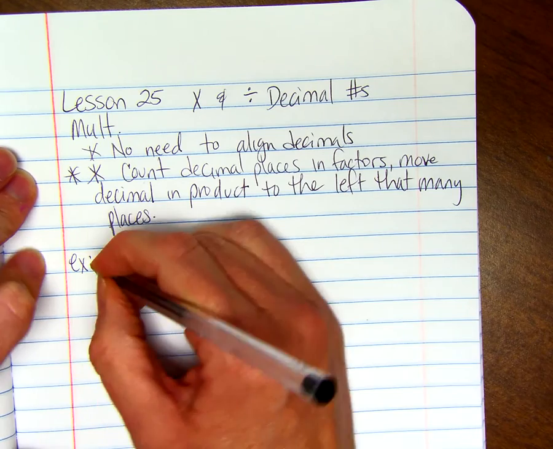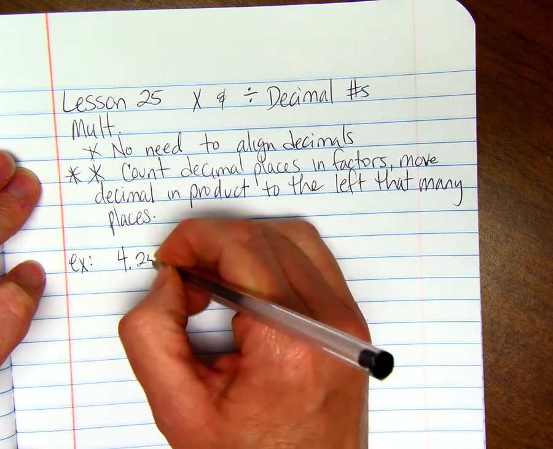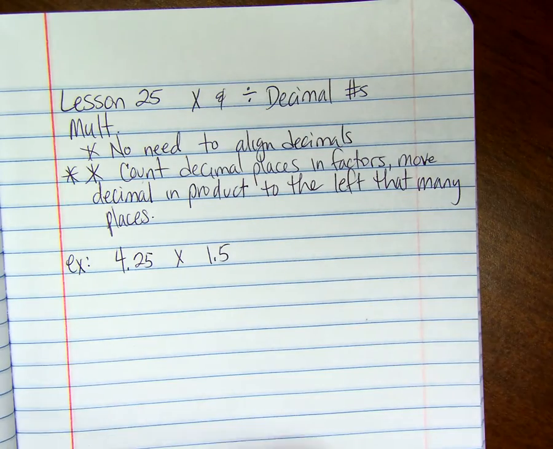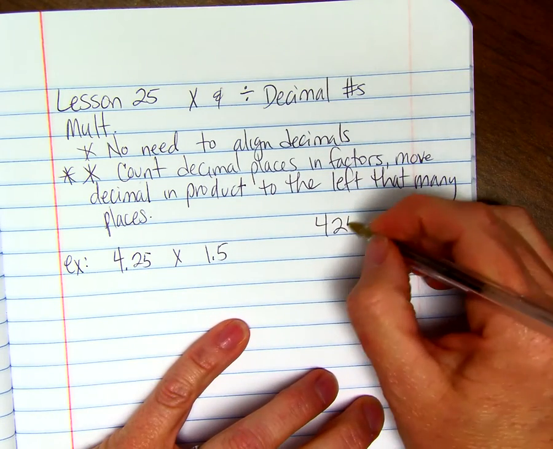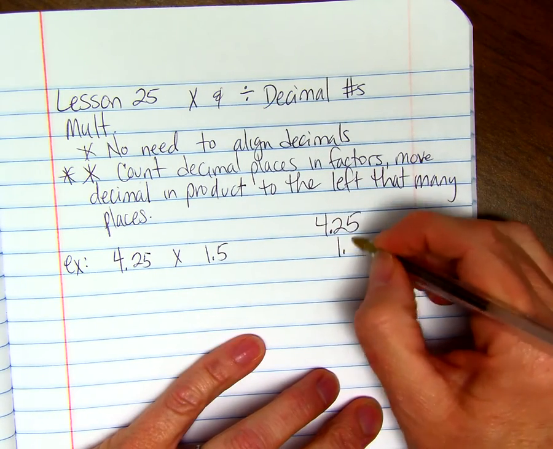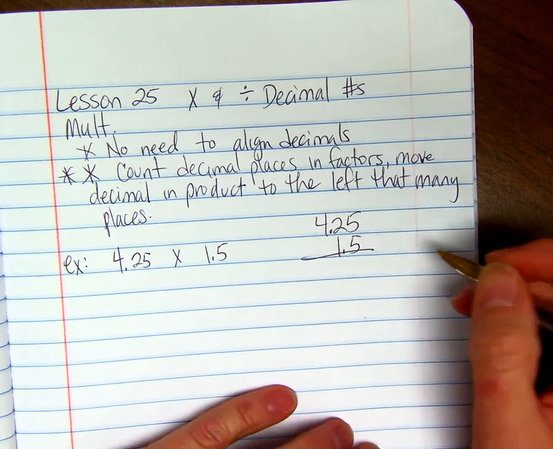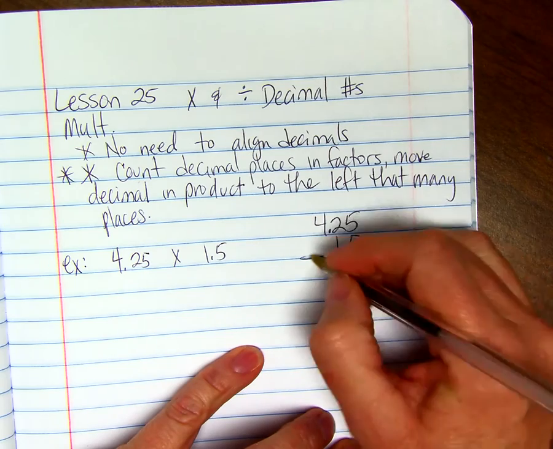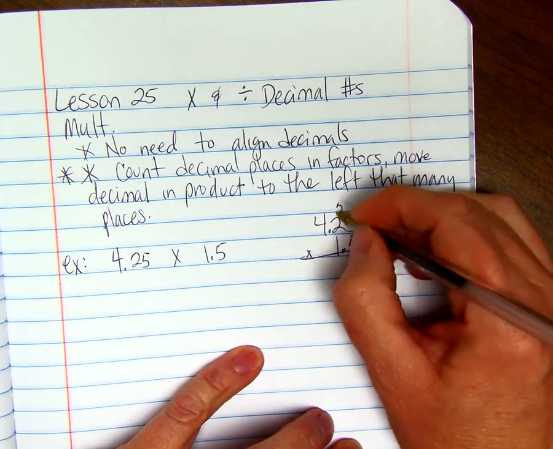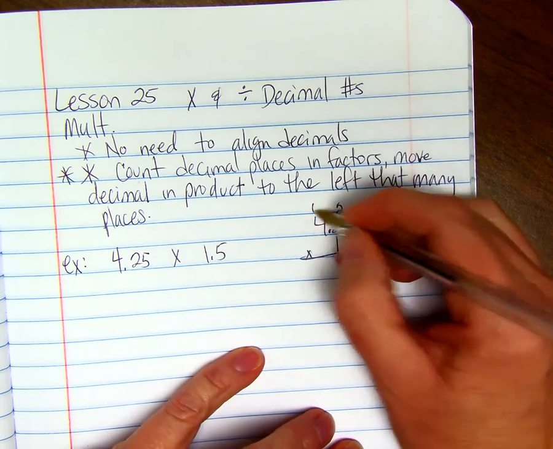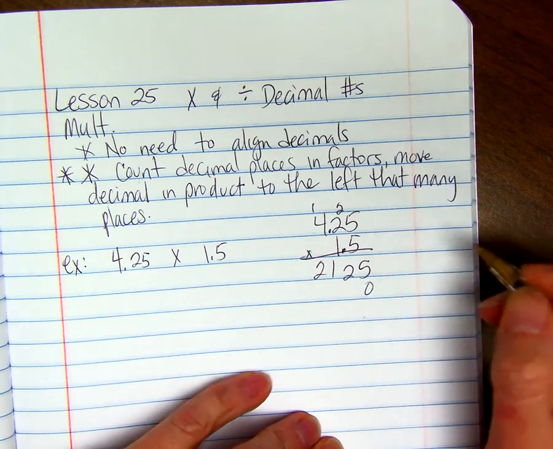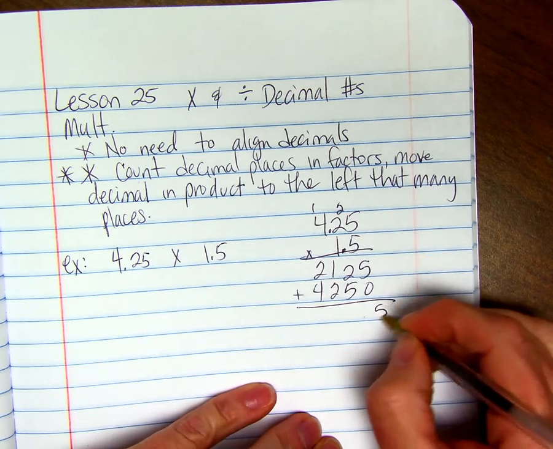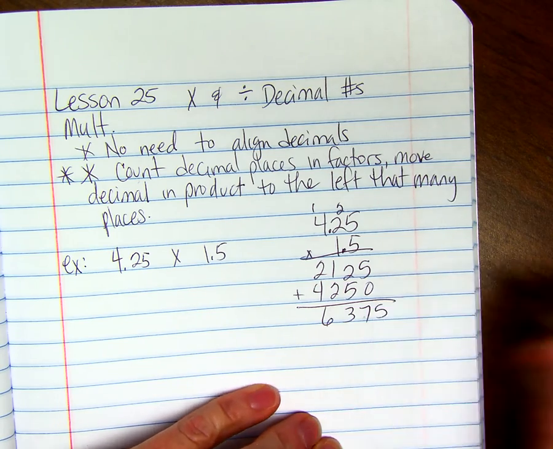So for example, if we are multiplying 4.25 by 1.5, we just multiply 425 by 15. We put the decimals in, but pretend you have no decimals. So when we multiply 5 times 5, we get 25, carry the 2, 10 plus 2 is 12, and then 21, put your placeholder in, 5, 2, 4, then we add those, we get 5, 7, 3, 6.